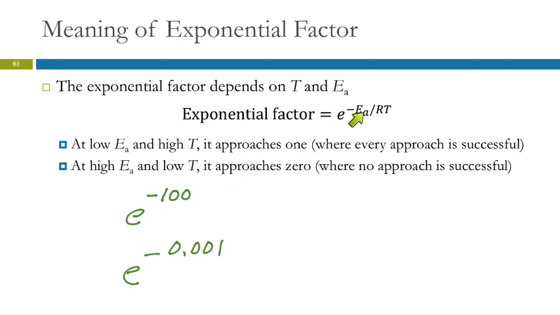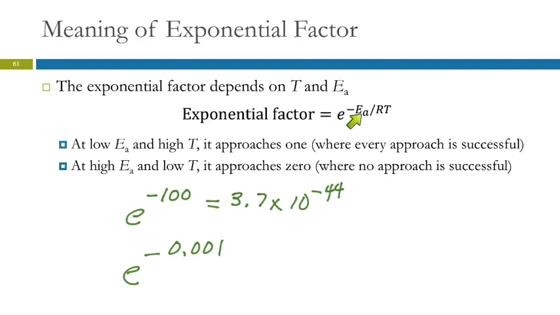If EA is big and T is small, low temperature, high activation energy, we're going to get a large number here. So what's e to the minus 100? Oh, sorry, 3.7 times 10 to the minus 44. Is that close to 0? Yeah.